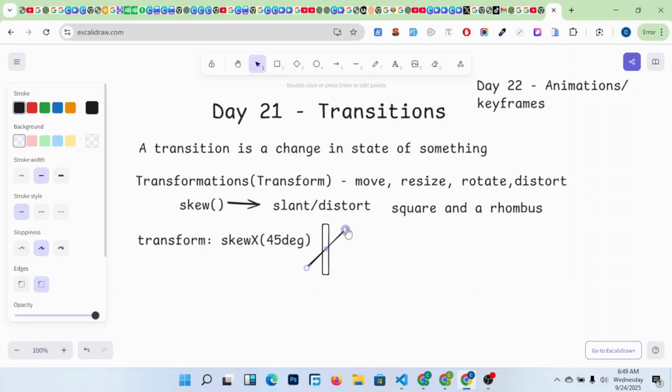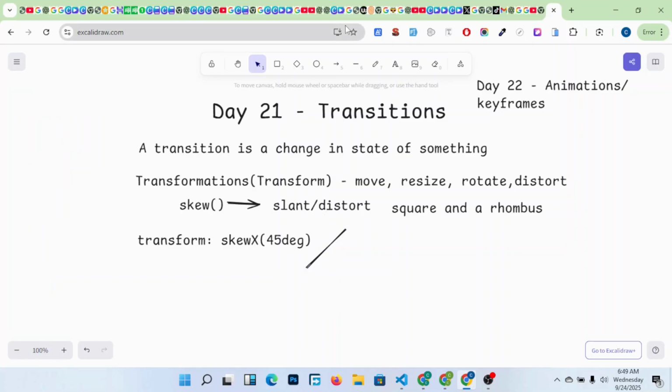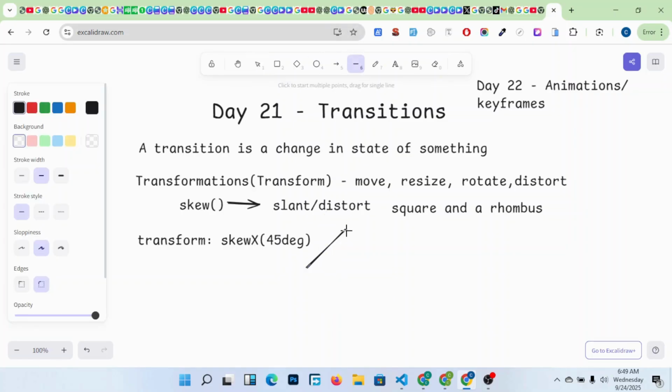Are you seeing this, guys? It will now become like this.